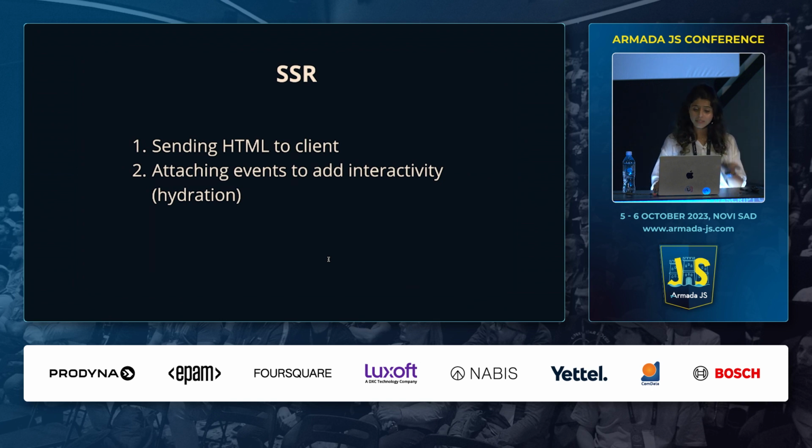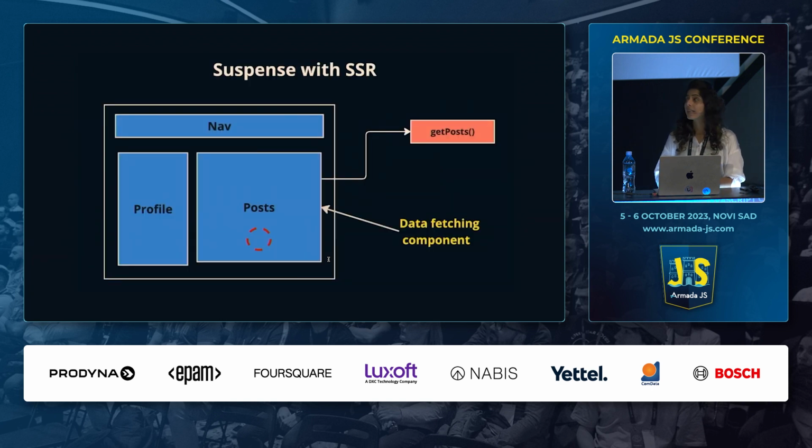Now, where Suspense comes into the picture is that let's say you have a page with a nav component, profile, and post. Now, your post component is a data fetching component. It fetches data for the post from the DB, wherever. So in order to send the page to the client, the server first needs to render this page, and this can be slow if the post component is slow.